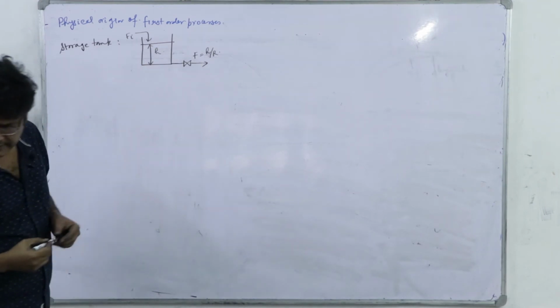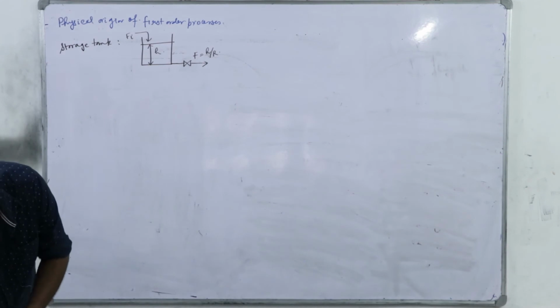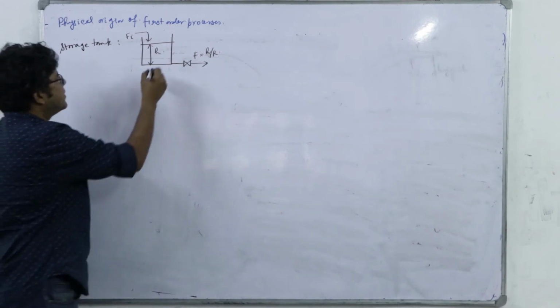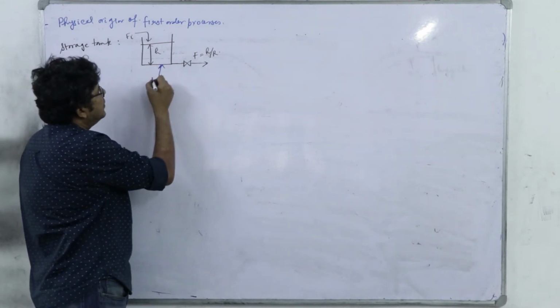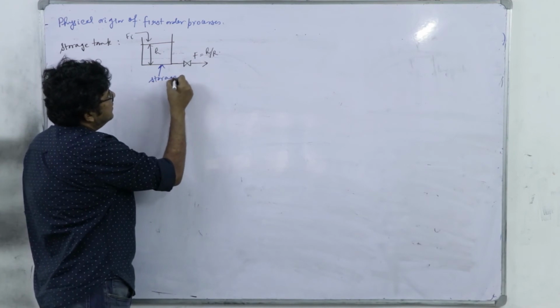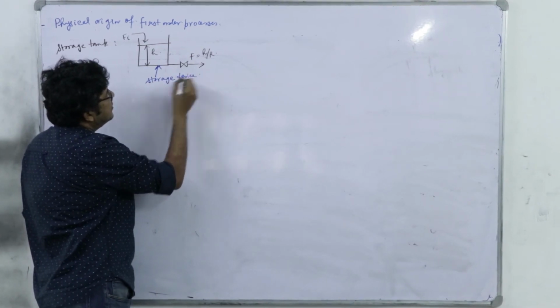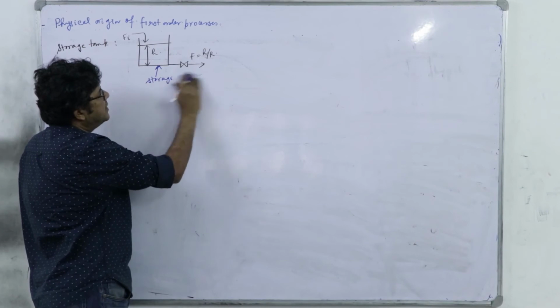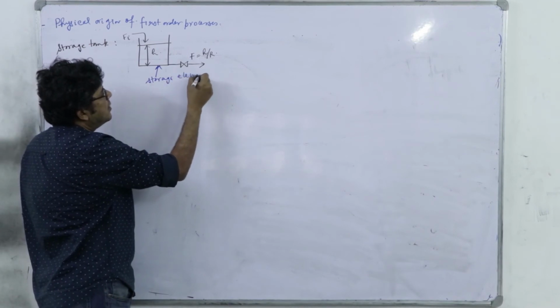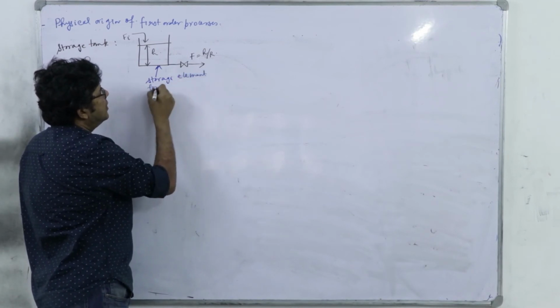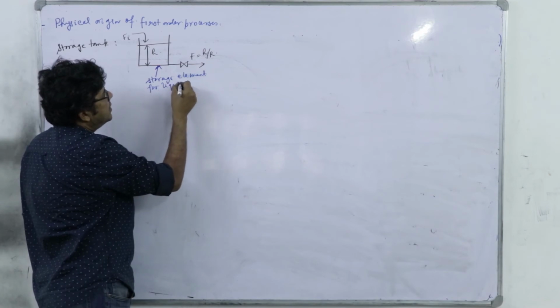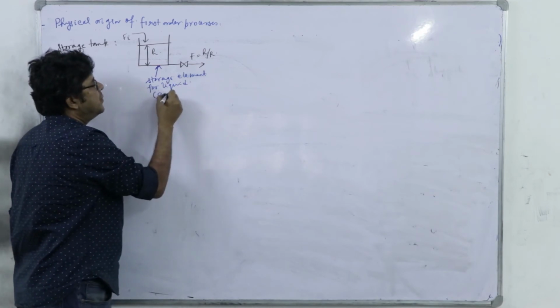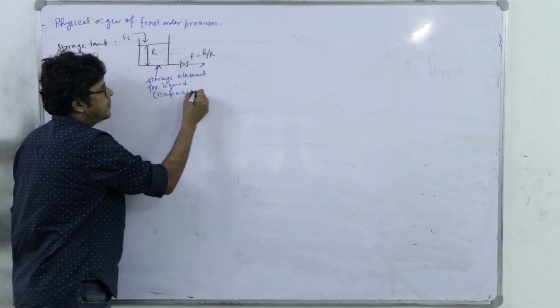Now, we have to identify the tank as the storage device or storage element for liquid. So, it is basically a capacitor.